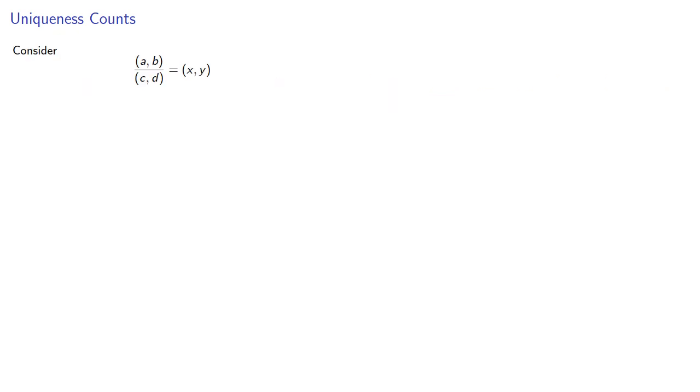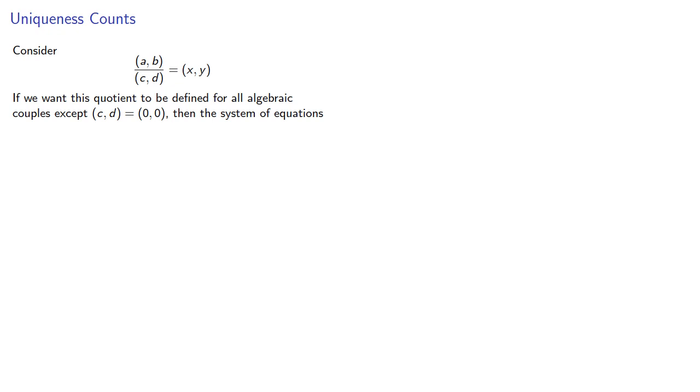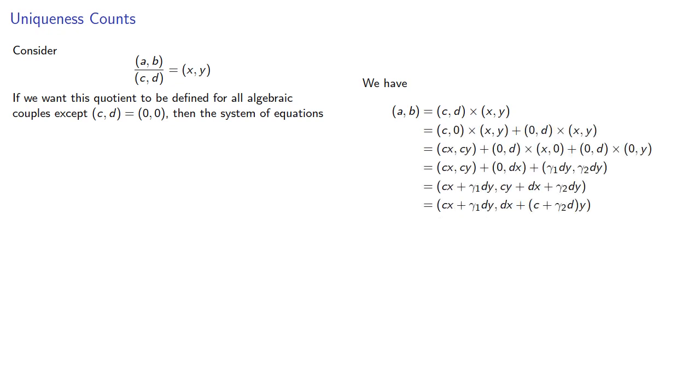Well, again, let's go back to a general quotient, (A, B) divided by (C, D) equal to (X, Y). Now, if we want this quotient to be defined for all algebraic couples except for (C, D) = (0, 0), then we have a system of equations. So again, rewriting our quotient as a product and expanding out the product, comparing the coefficients gives us a system of equations.